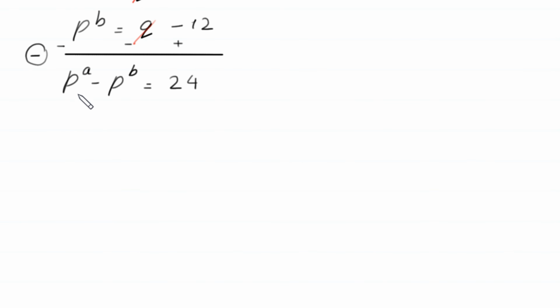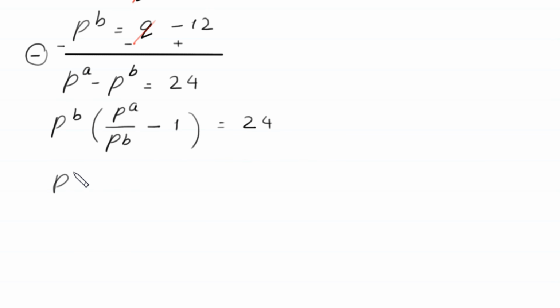Now from here we can factor out p to the power b. p to the power b times, in brackets, p to the power a divided by p to the power b minus 1 is equal to 24.